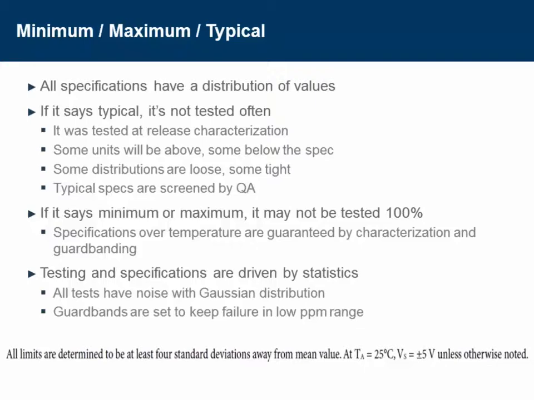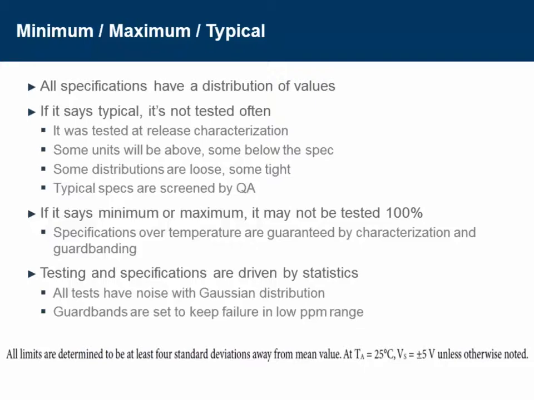Now, for the most part, when it says minimum or maximum, we do test 100% at final test, but not always. And particularly when we say that the spec is so and so much over temperature, that for the most part in our industry is not tested 100%.